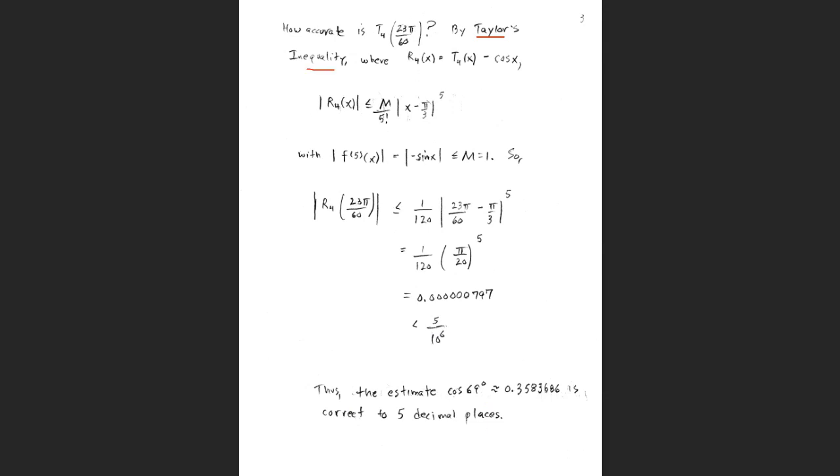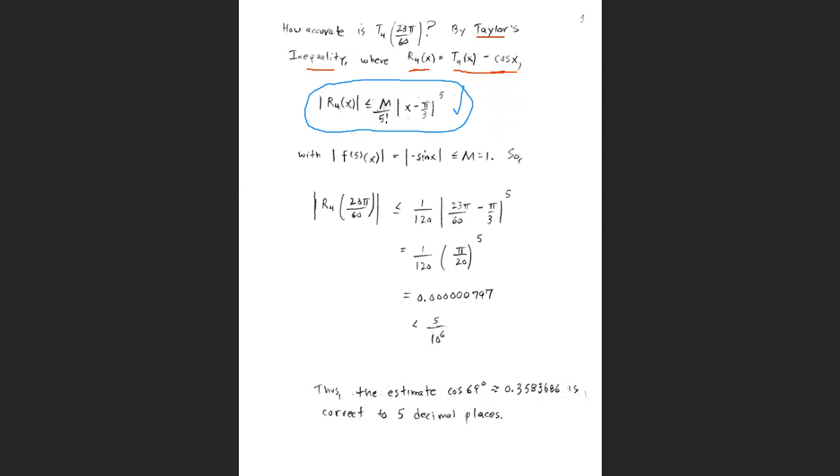So the difference between the fourth degree Taylor polynomial and the cosine of x is R sub 4 of x. By Taylor's inequality, the absolute value of the error, R sub 4 of x, is less than or equal to M divided by 5 factorial times the absolute value of x minus pi over 3 to the 5th power.